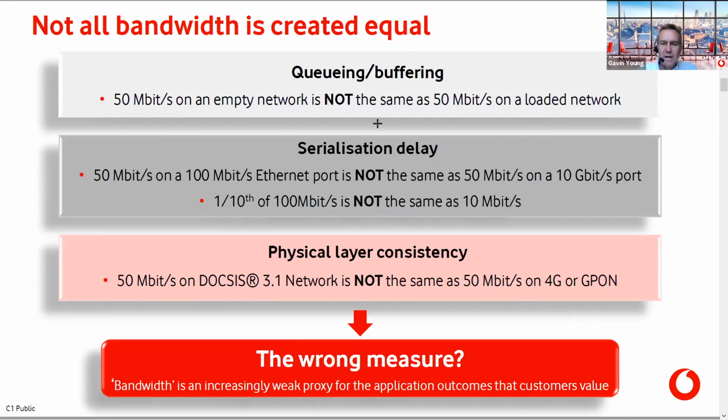And so we have to ask ourselves, is just using bandwidth the wrong measure? We've used bandwidth as a proxy for a good application outcome. And in the early days of broadband and data transmission, that was very much the case.